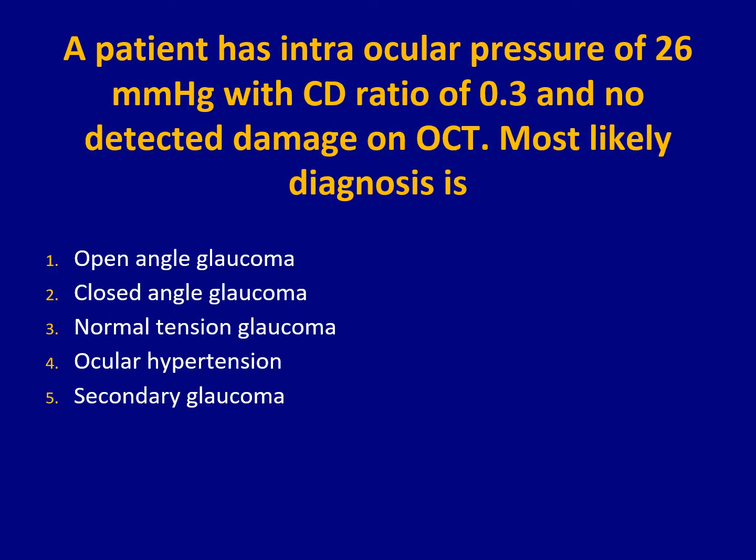Next MCQ. A patient has got intraocular pressure of 26 mm of mercury with CD ratio of 0.3, which is normal, and no detected damage on the OCT. Now, intraocular pressure is 26, disc is normal, and no damage on the OCT.